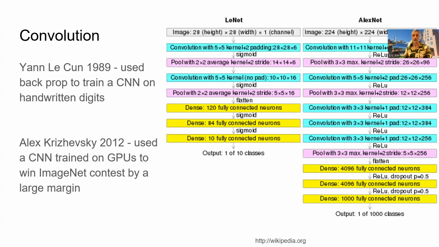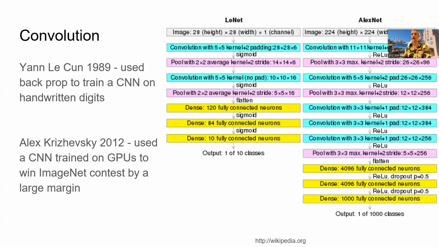In 2012, Alex Krizhevsky trained a much larger convolutional neural net, and this is when we're really starting to get into deep learning. I think this model had like 60 million parameters or something like that. It was much larger than other models in the ImageNet competition, and this CNN that he named AlexNet won by a large margin.